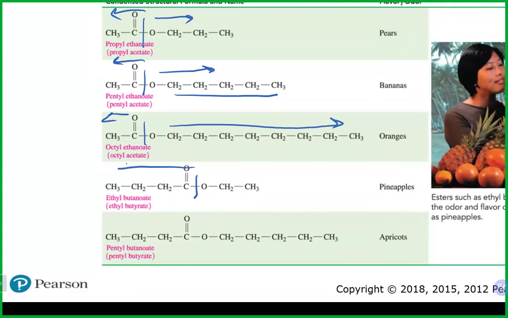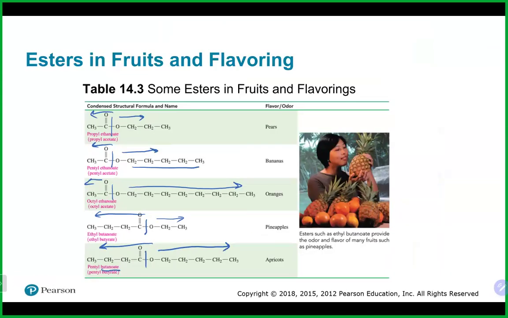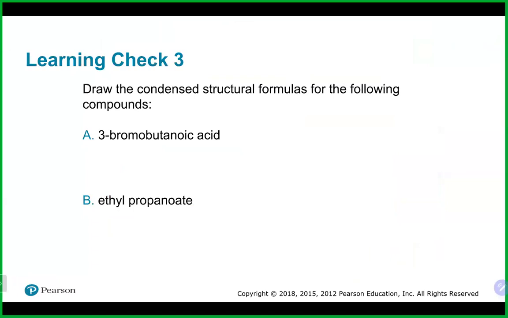And that is 4 carbons for butanoate, 2 carbons for ethyl for pineapples. And lastly here for some apricots, 4 carbons that way, which is our butanoate. And again, a 5-pack of carbons heading in the other direction there for our pentyl group. All right, draw a couple here, see what you come up with.